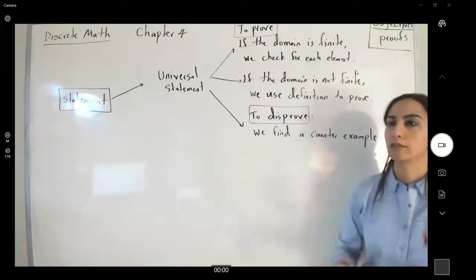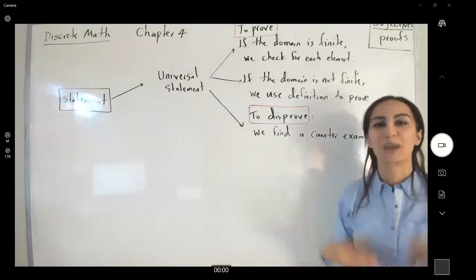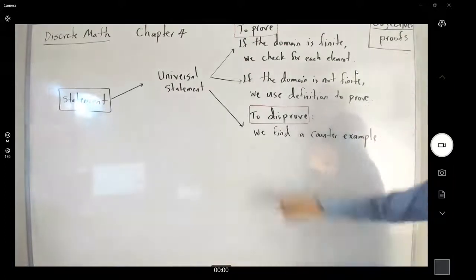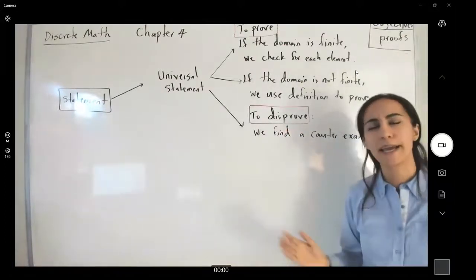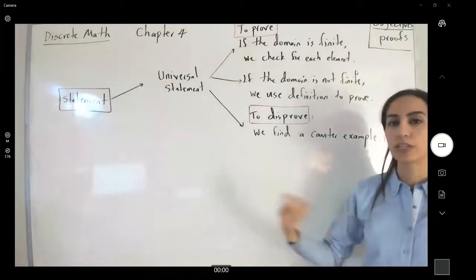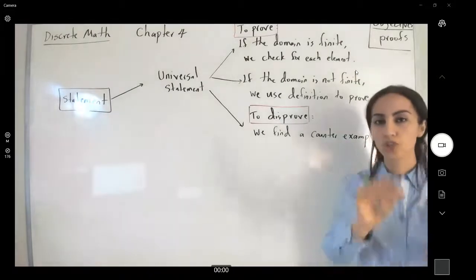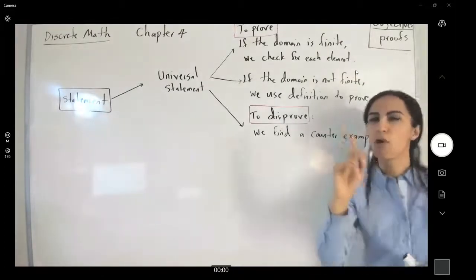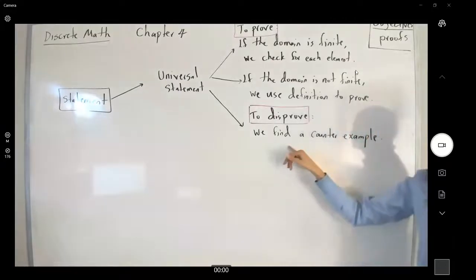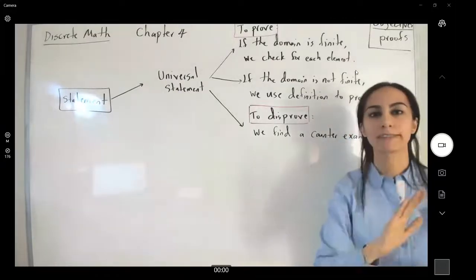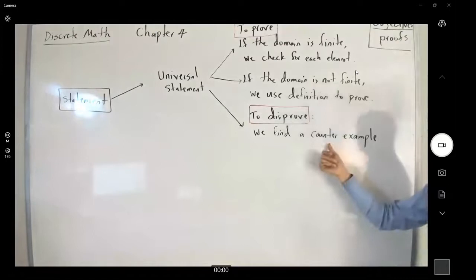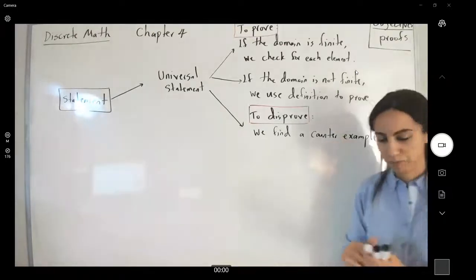Composite? Or later on, we're going to talk about divisibility. If the question says, disprove the universal statement, your job is to find one example that makes the statement false. We call it a counterexample.